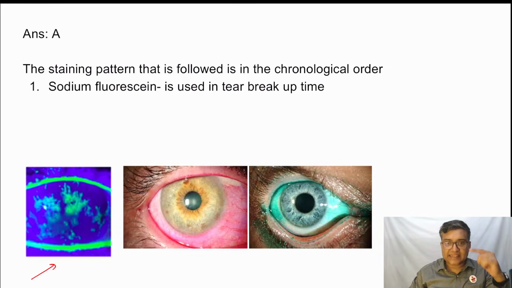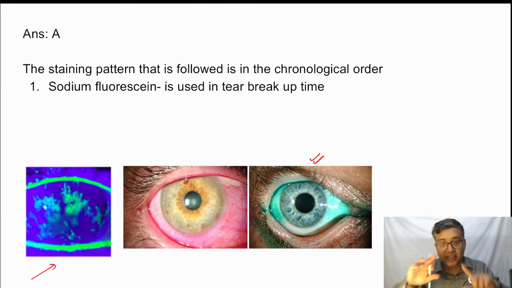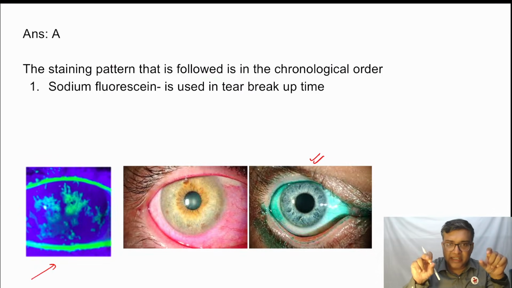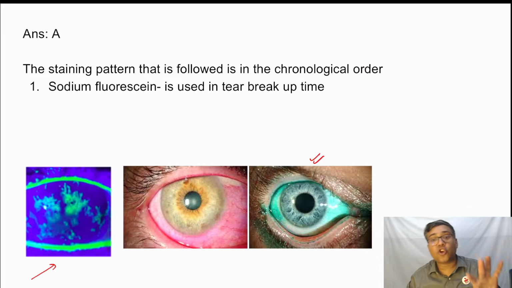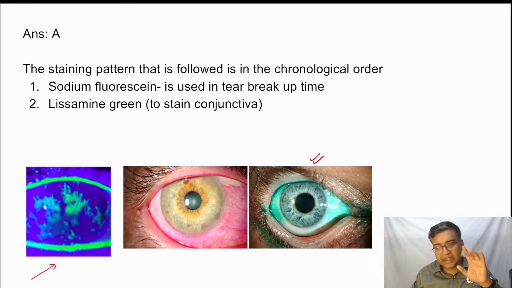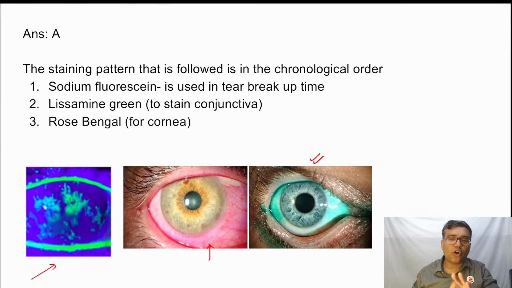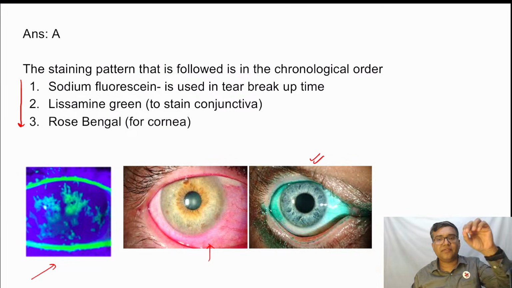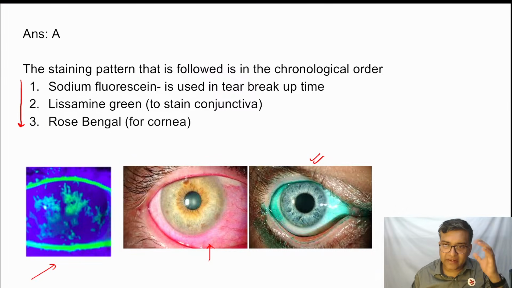After that, the second thing I would do is Lissamine green. Lissamine green can tell you about conjunctival xerosis. Let's say the patient is having a vitamin A deficiency. That would be seen more clearly with the help of Lissamine green. And my third option would be the rose bengal, okay? Because rose bengal is more irritant to the cornea, so I would do it last. So this is my order of using the various stains when I do a dry eye evaluation test.